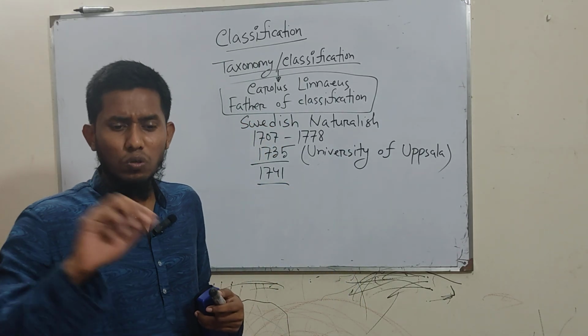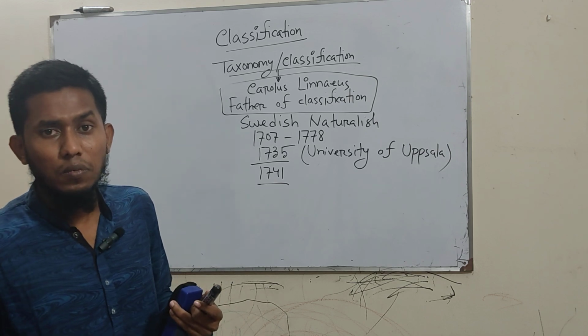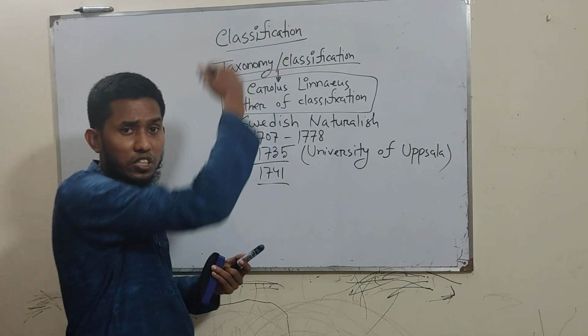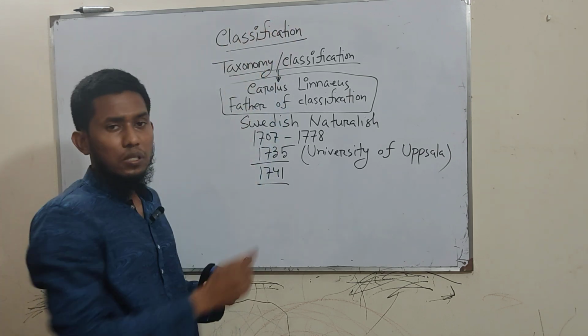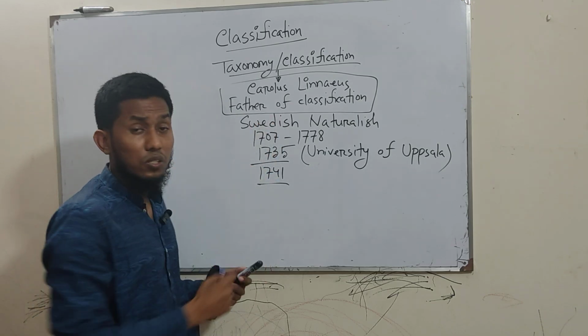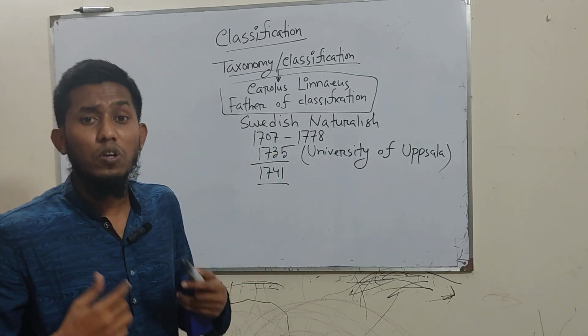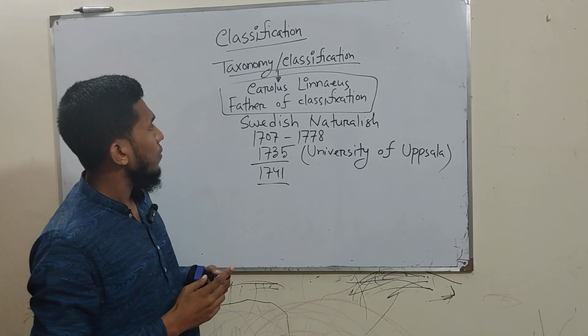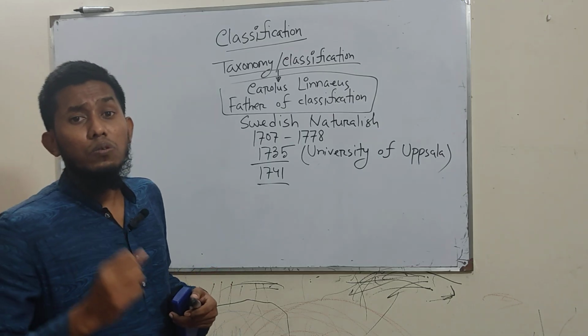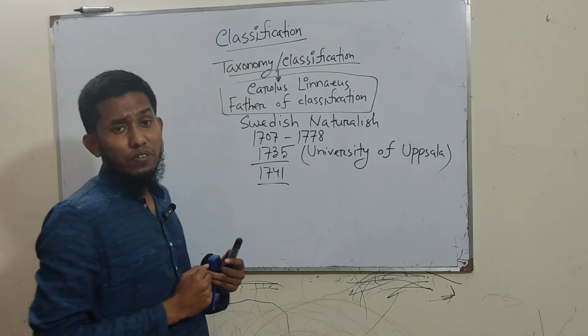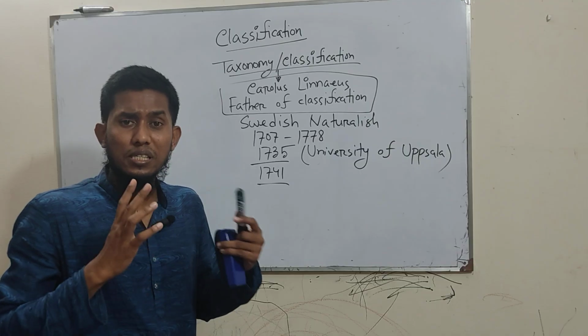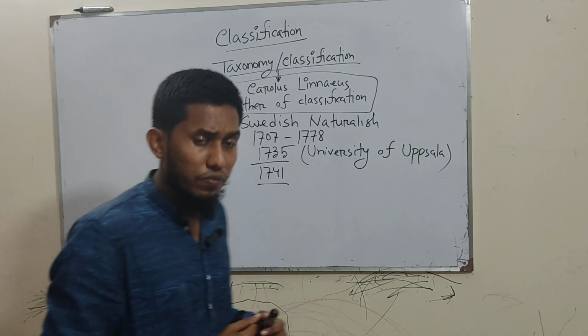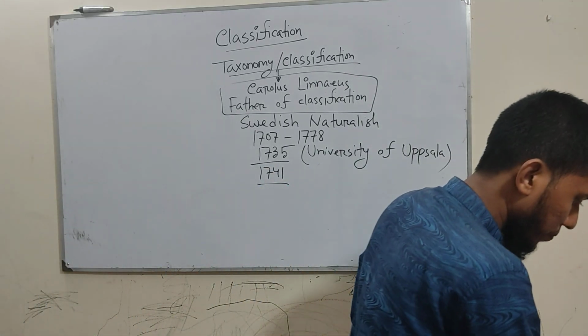My beloved students, note down the questions. A question may come: what is classification? What is taxonomy? Why is Carolus Linnaeus called the father of taxonomy or classification? And why do we need to know about classification, or what are the aims, significance or importance of classification? Write down the question.